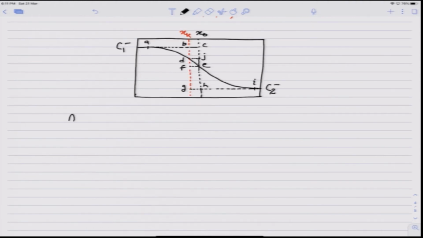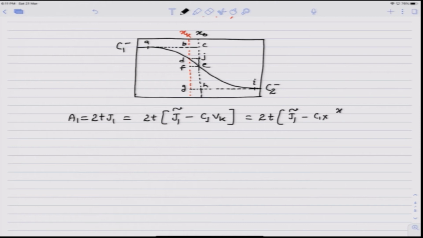We know A1 is equal to 2tJ1, which should be equal to 2t times J1 tilde minus C1 times Vk, and Vk was nothing but xk minus x0 over 2t.